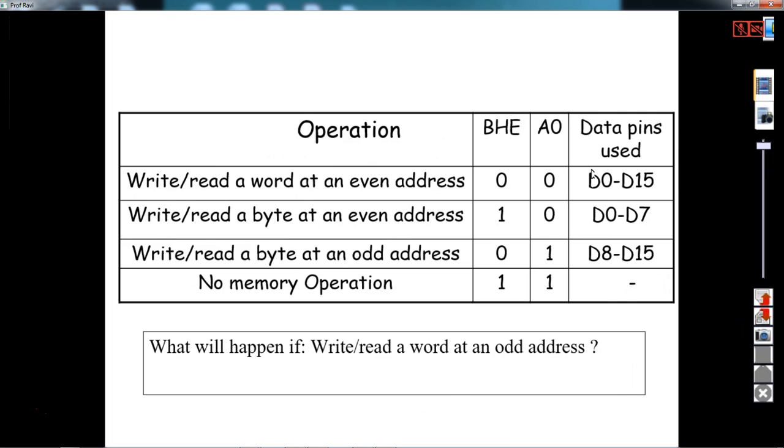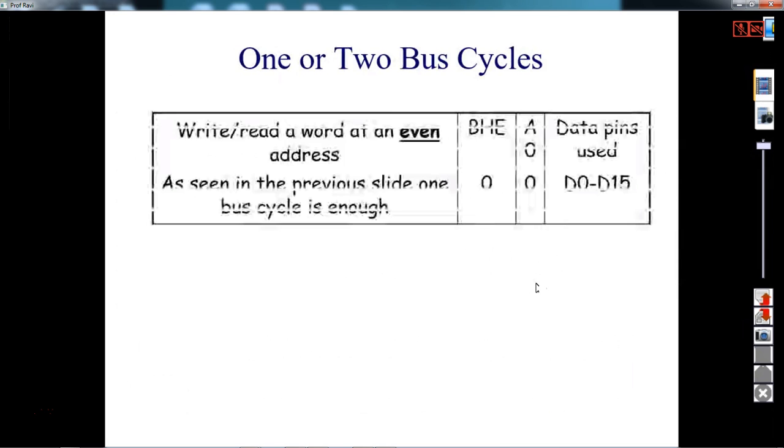Data pins in use, you can identify like this, and 1 or 2 bus cycles. When you read or write a word at an even address, the data pins used are BHE and A0, and as you saw in the previous slide, 1 bus cycle is enough.